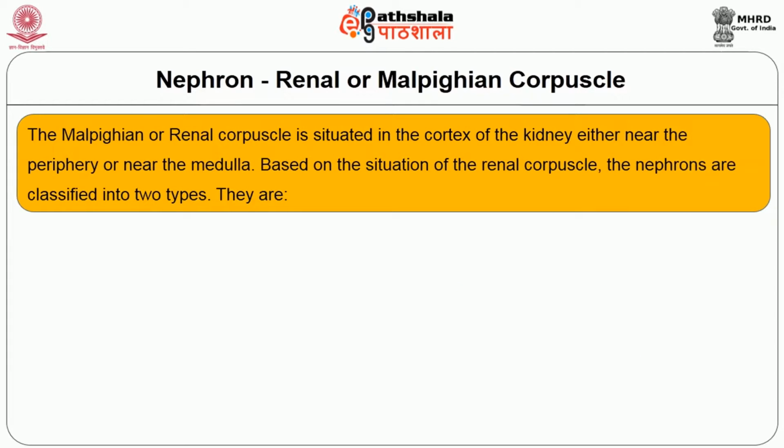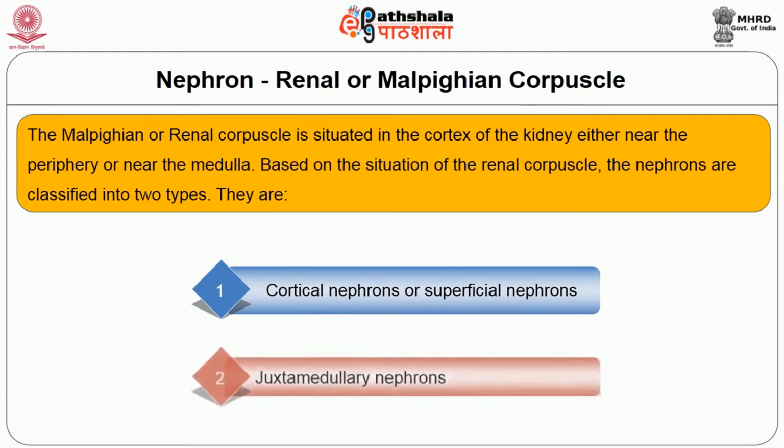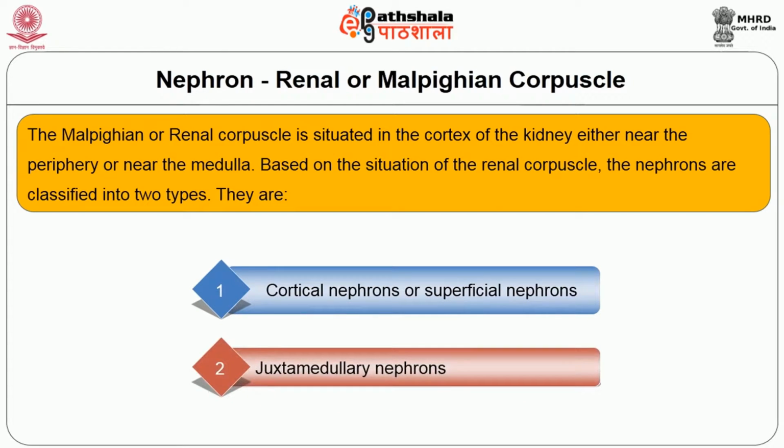The Malpighian or renal corpuscle is situated in the cortex of the kidney, either near the periphery or near the medulla. Based on the situation of the renal corpuscle, the nephrons are classified into two types, namely cortical nephrons or superficial nephrons. These nephrons have their corpuscles in the outer cortex of the kidney near the periphery.